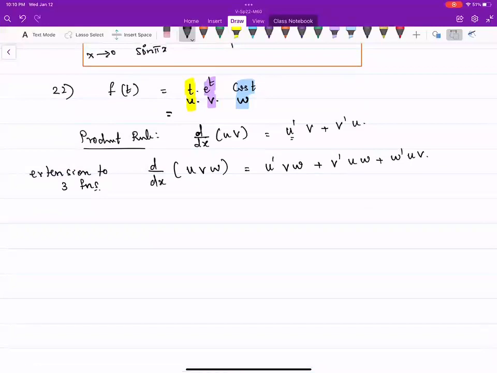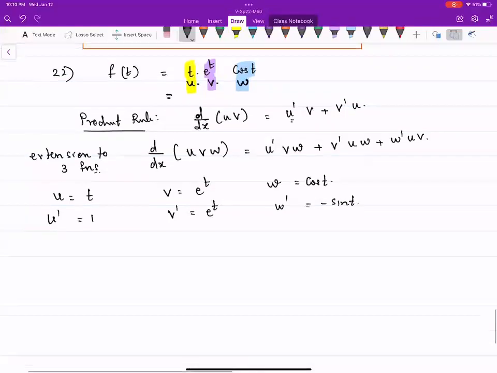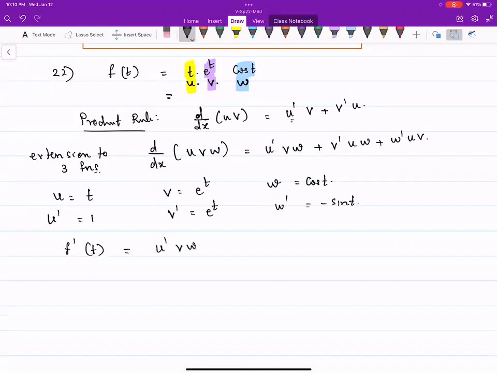Now in our problem, u is t, v is e to the t, w is cosine t. So what is u prime? Derivative of t, which is 1. What is v prime? Derivative of e to the t is e to the t. Derivative of w is negative sine of t. So f prime of t is u prime vw plus v prime uw plus w prime uv.